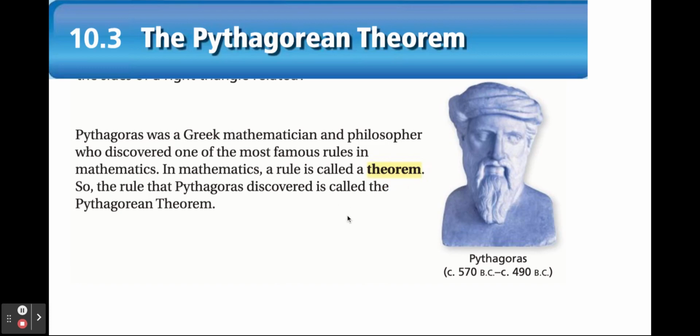And so the rule that Pythagoras discovered is the Pythagorean theorem. Pythagoras lived from 570 BC to 490 BC. And so we'll do a few examples using the Pythagorean theorem.